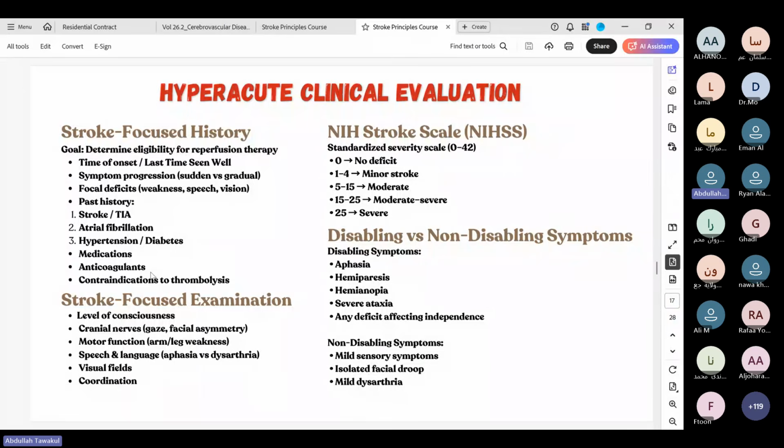However, if the patient said, I had 10 minutes of right-sided weakness, and then it resolved, but on your clinical exam you can see a mild drift, what do you call this now? Do you still call it TIA? It's not a TIA anymore. Why?